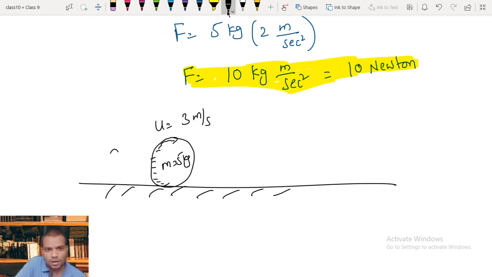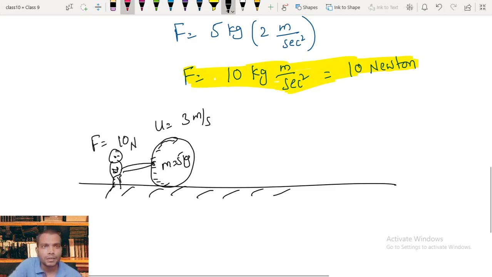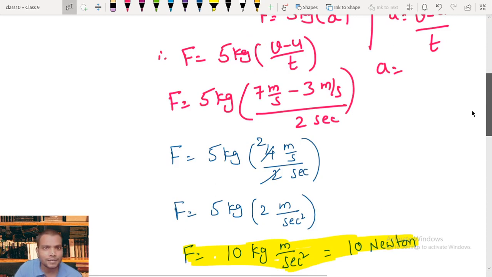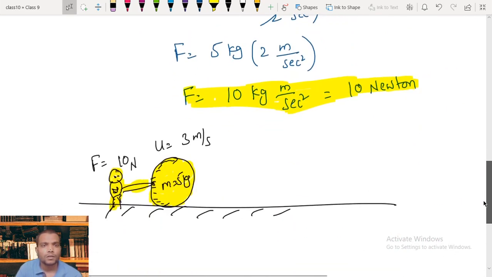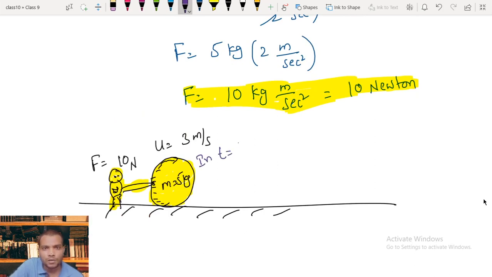In this case, we now know how much force is applied: the force applied on this object equals 10 newtons, for a duration of 5 seconds, time t equals 5 seconds.